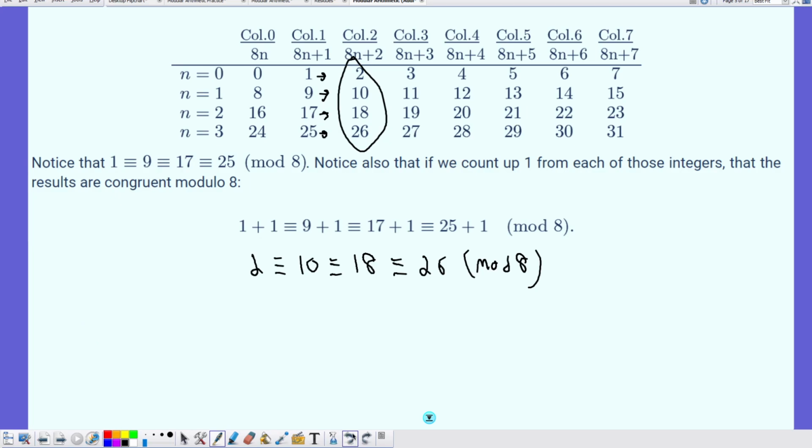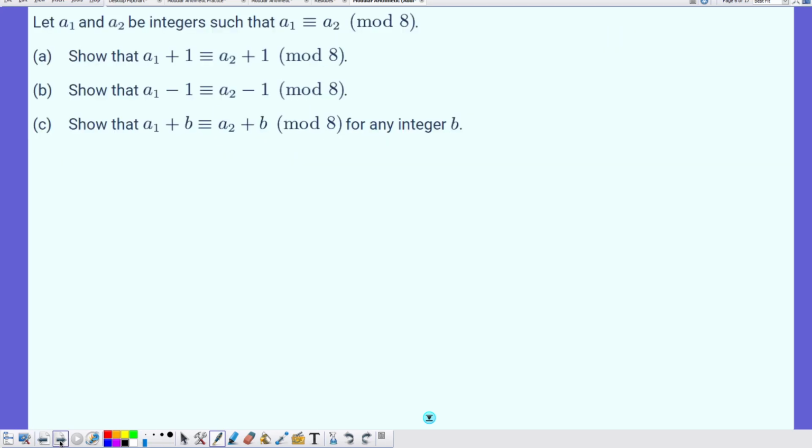So, we're basically going to develop an addition system under modular arithmetic, using this intuition that if you add 1 to things that are equal, it maintains the equality.